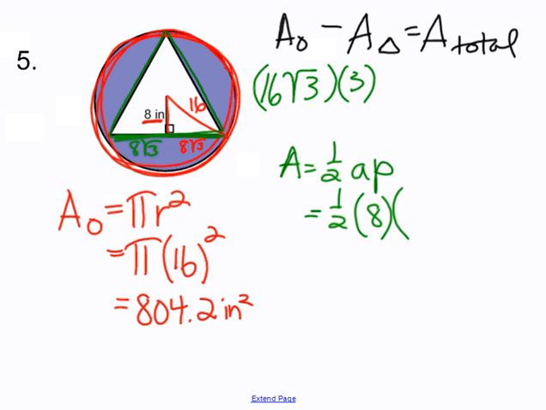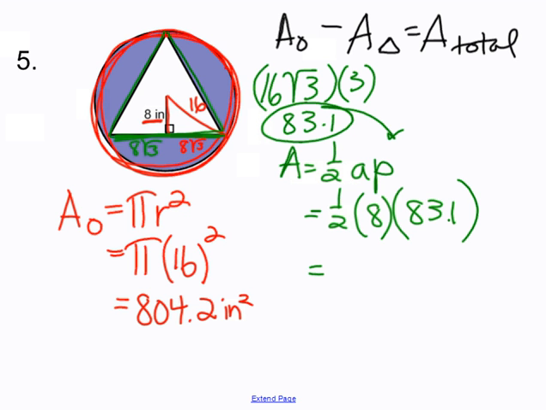So the perimeter is going to be 83.1. I'm going to put that in down here, 83.1. And when you do all that math, you get 332.6.